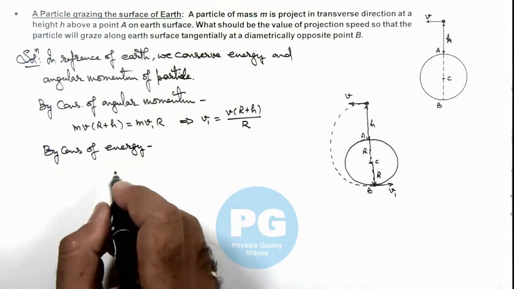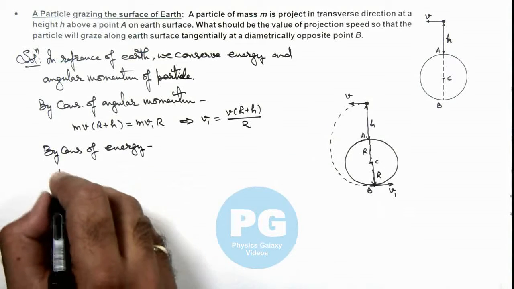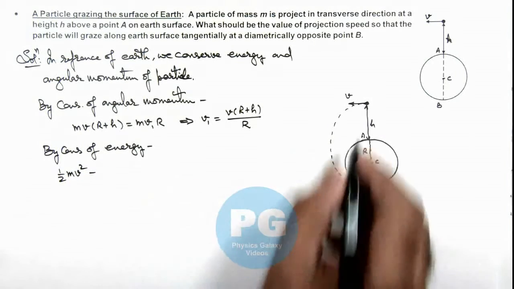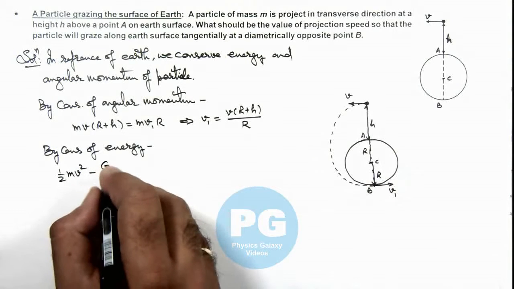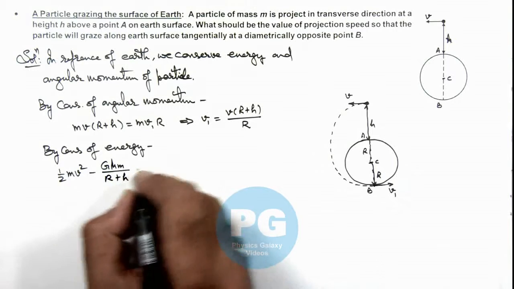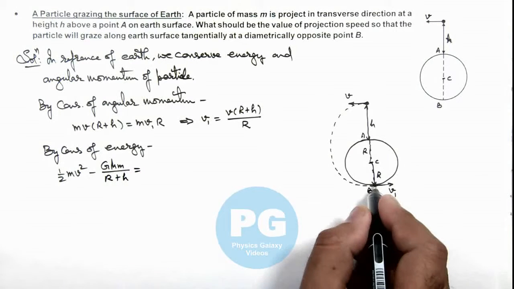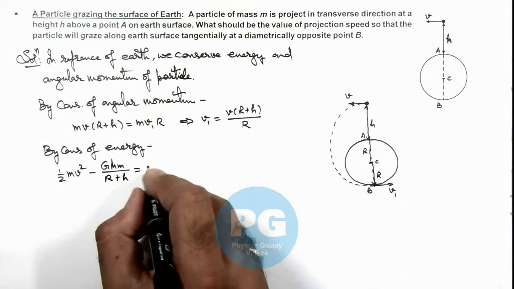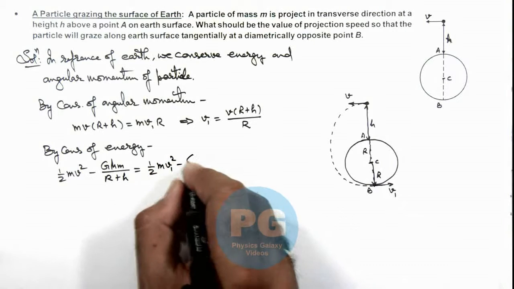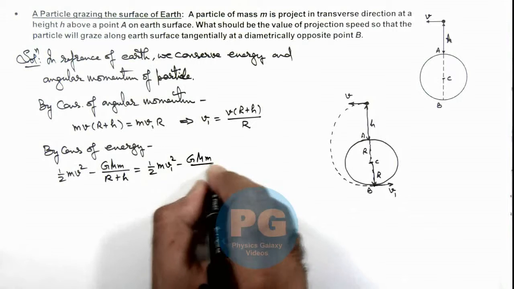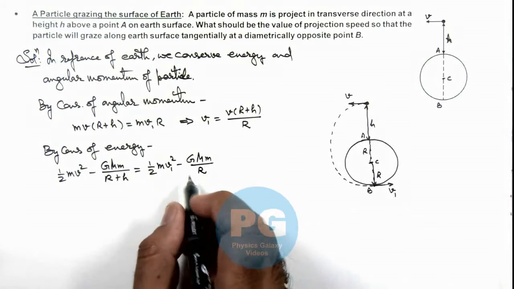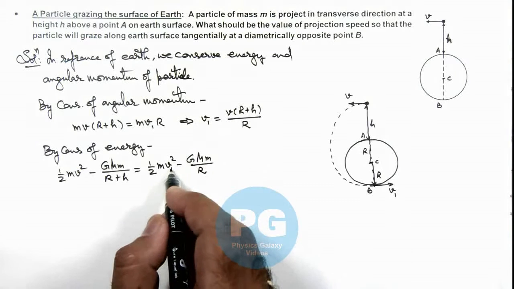And similar to this, by conservation of energy, here we can write the initial kinetic energy of the body was half mv square, and potential energy due to Earth's gravity is minus GMm by (r plus h), which equals the final kinetic energy at point B, half mv1 square, minus GMm by r. Here we can substitute the value of v1 correspondingly.